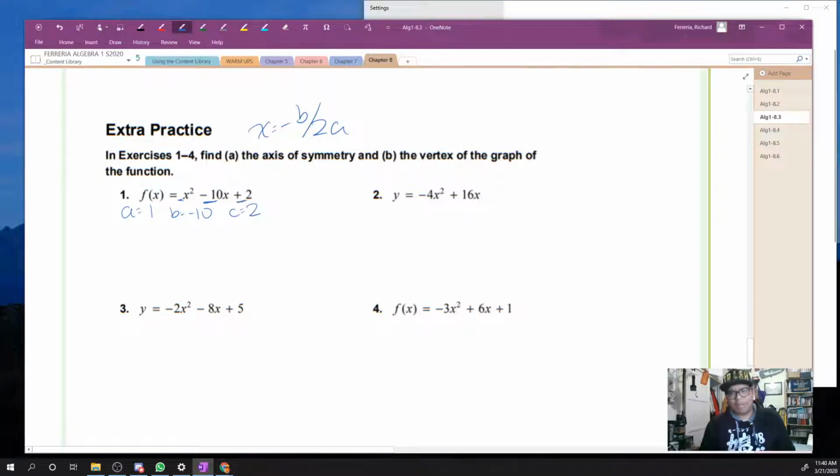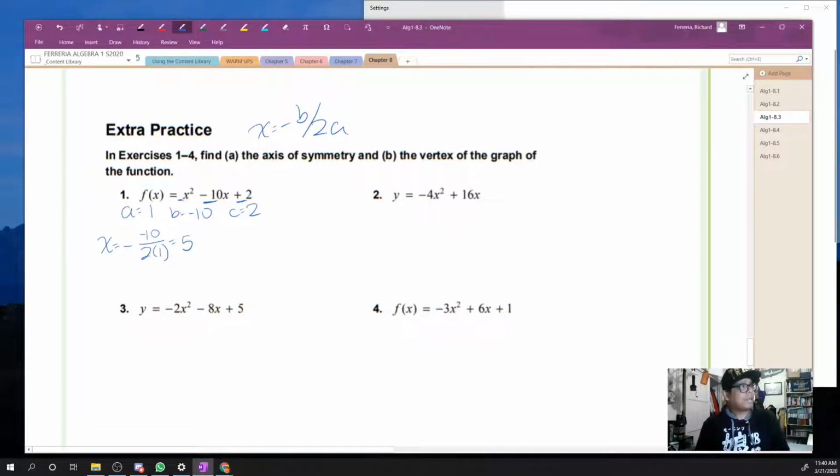The axis of symmetry is x equals negative of negative 10 over 2 times 1. Negative 10 divided by 2 is negative 5. The opposite of negative 5 is positive 5.